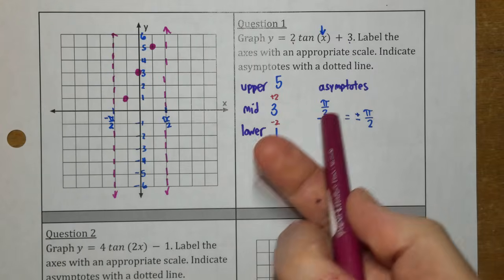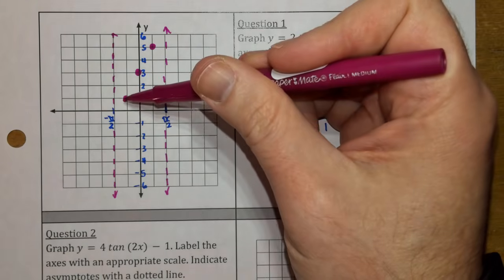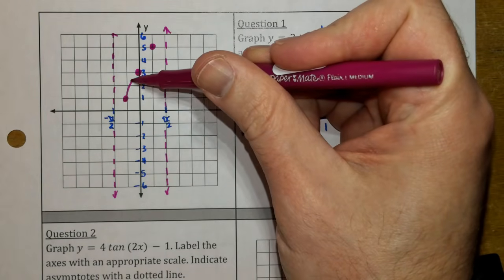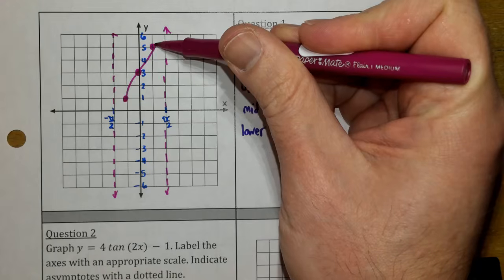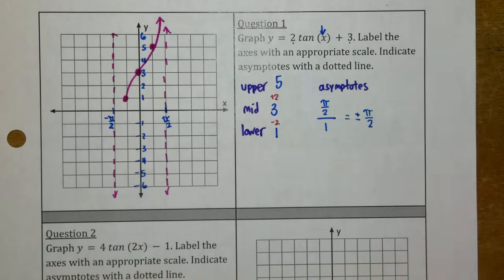Alright, an asymptote is a line in math that a graph approaches but never hits. So this graph is going to go really close to that dotted line without hitting it. It's going to get closer, it's going to get closer, it's going to get closer. It's going to start looking like it's going straight up in the air.